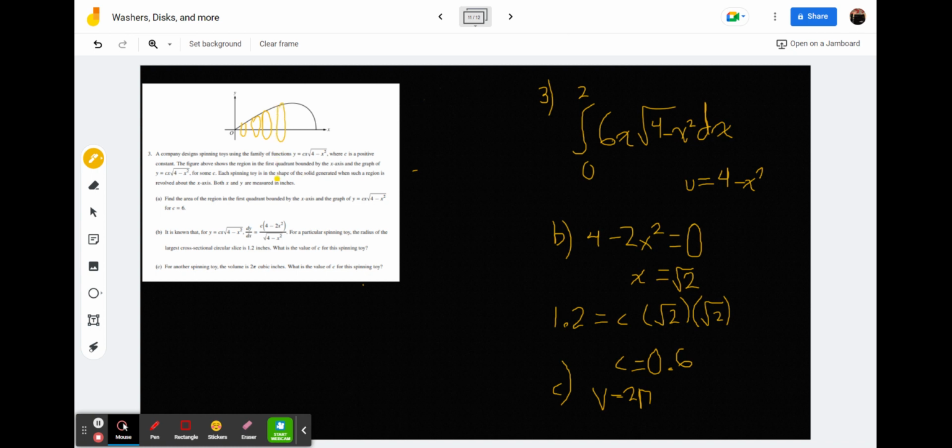So the volume of one disk is going to be pi times r, which is just cx root 4 minus x squared, squared, times our height, which is going to be dx. And we integrate that from 0 to 2. And the general gist is that you set this to 2 pi, and you'll solve for c.